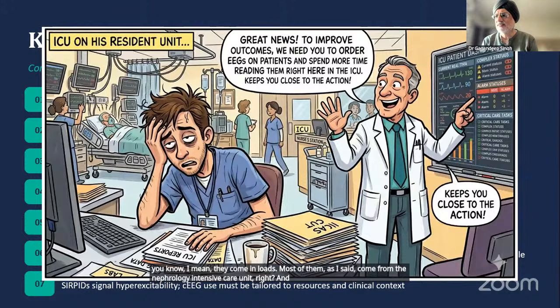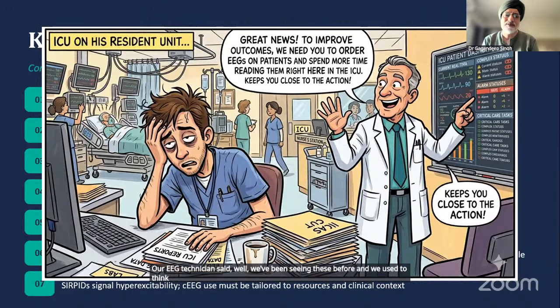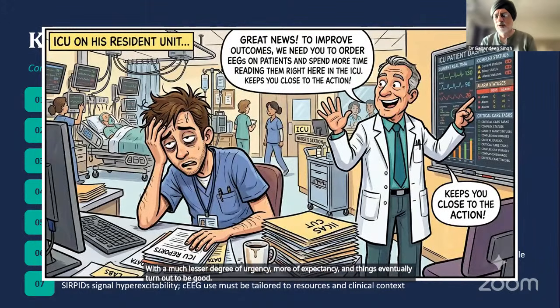Our EEG technician said, well, we've been seeing these before, and we used to think these are all triphasic waves. They're not triphasic waves, they're non-convulsive status, but you don't have to manage them like convulsive status. You have to manage them with a much lesser degree of urgency, more of expectancy, and things eventually turn out to be good. Thank you so much.